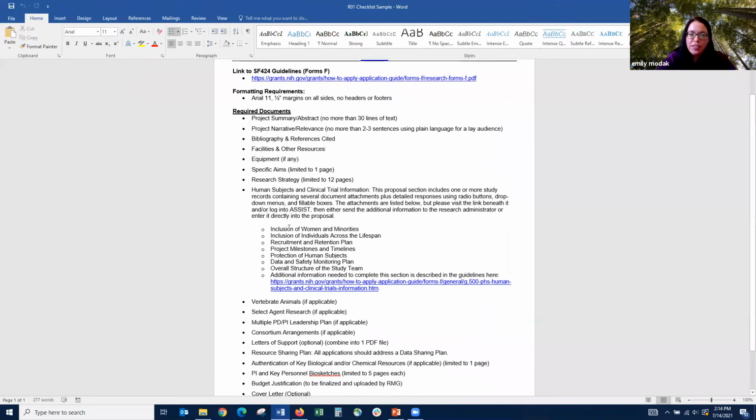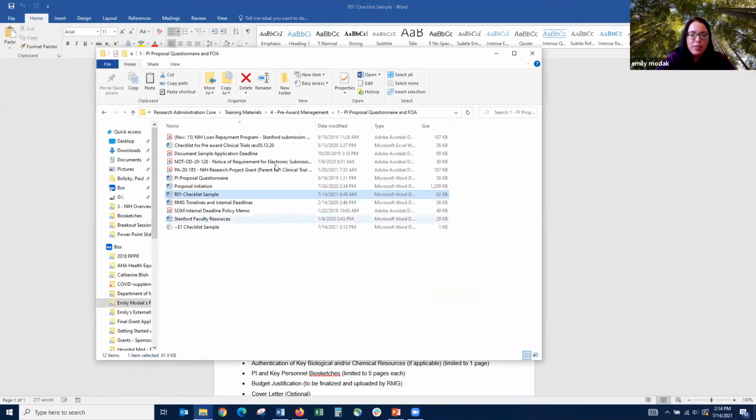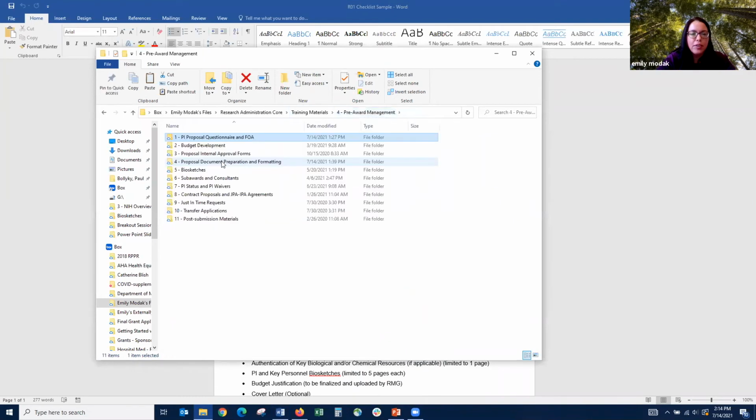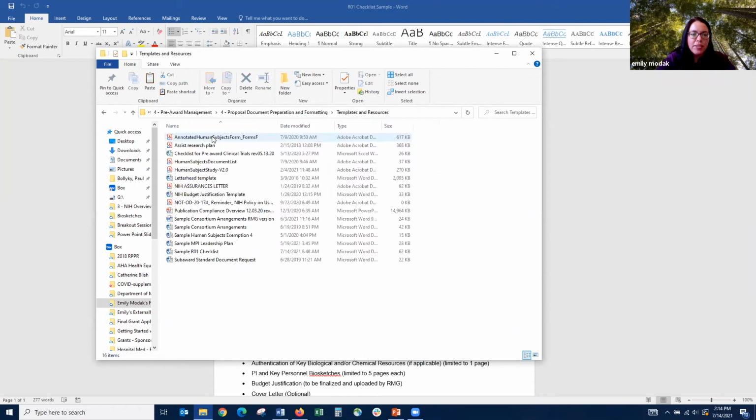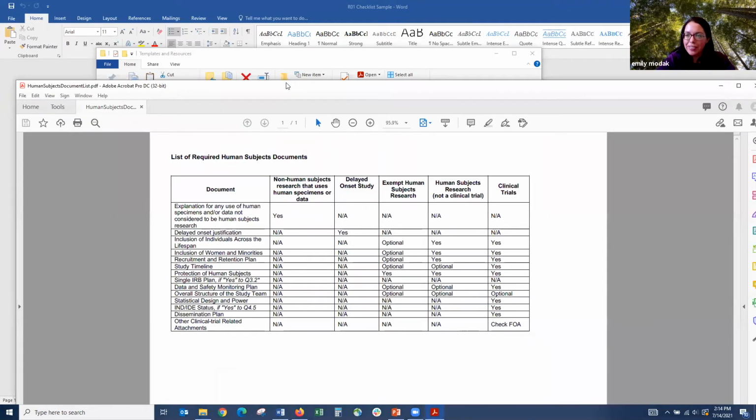There is a lot of human subjects and clinical trial information. If the PI is proposing that, I do have some info saved in the folders about human subject specific information. If you go to folder 4, templates and resources, I have a lot of information here. I have a human subjects document list that I share with the PI. We as research administrators don't have a scientific background.